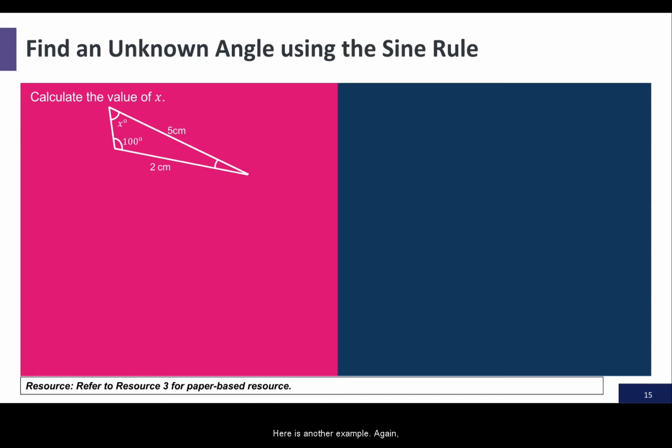Here is another example. Again, notice I'm trying to find an angle. So I've decided to label the x angle as capital A. The 100-degree angle as capital B. The 5 centimeter side is lowercase b.